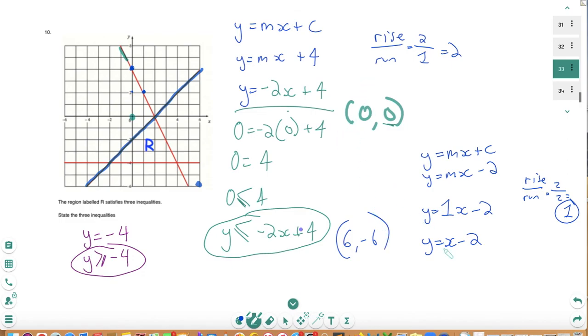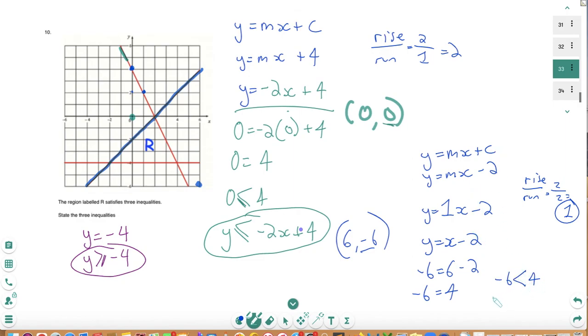Then I'm going to plug it into our equation. So our y coordinate is negative 6. Remember, y means just the y coordinate equals the x coordinate, where our x coordinate is 6, minus 2. Negative 6 equals 6 minus 2, which is 4. Oh, 4 is bigger than negative 6.